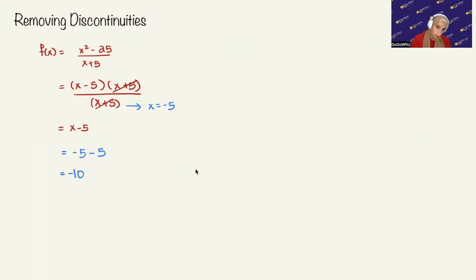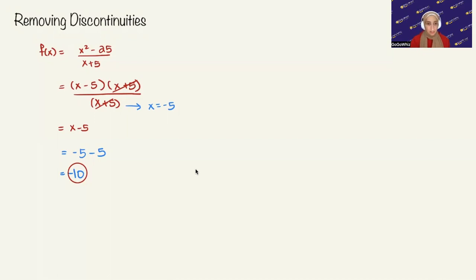So once we've removed the discontinuity, at x equal to negative 5, once we've removed that common factor, the x plus 5 and x plus 5, we end up getting that the function is equal to negative 10.